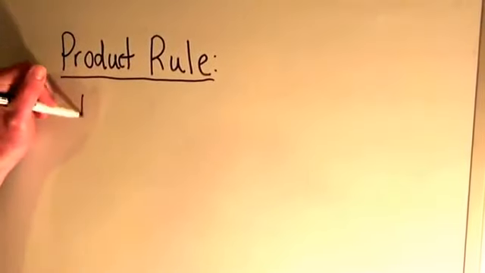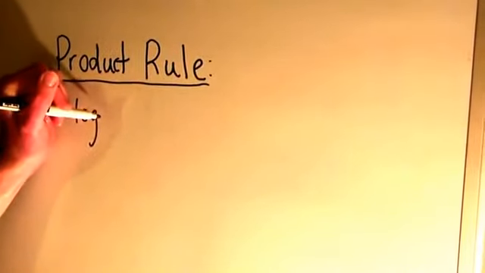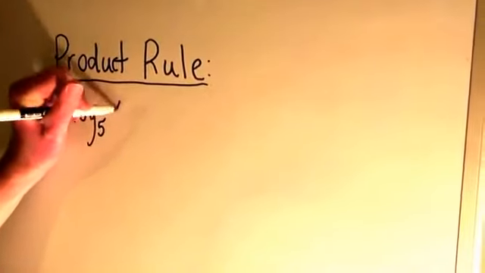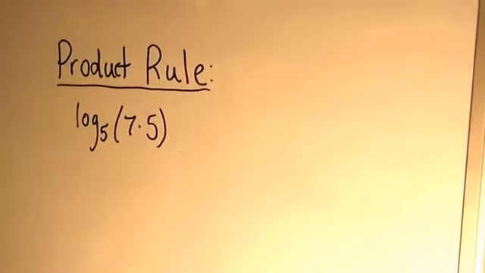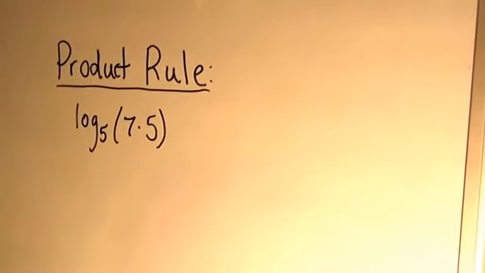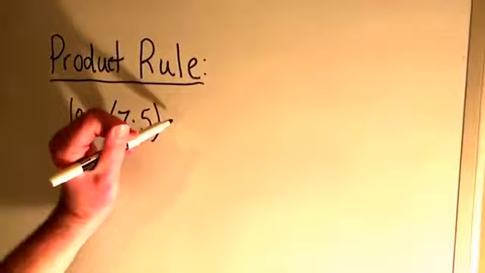So for the product rule, let's say we start with logarithm of base 5 of 7 times 5. Now we could try to simplify 7 times 5 to 35, but that's not going to help us to evaluate the expression without a calculator.